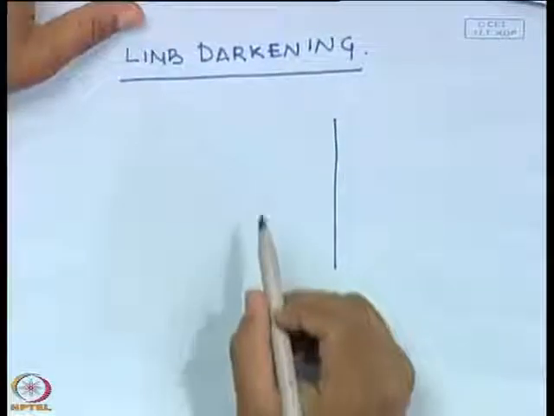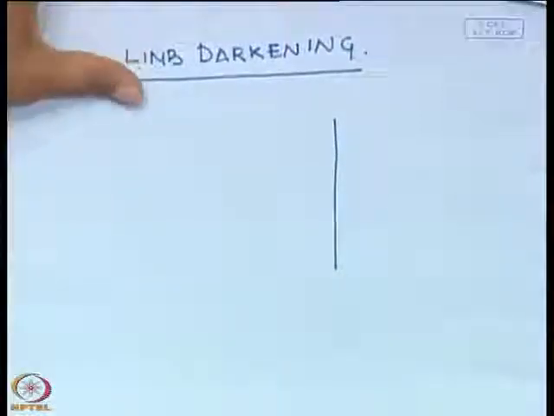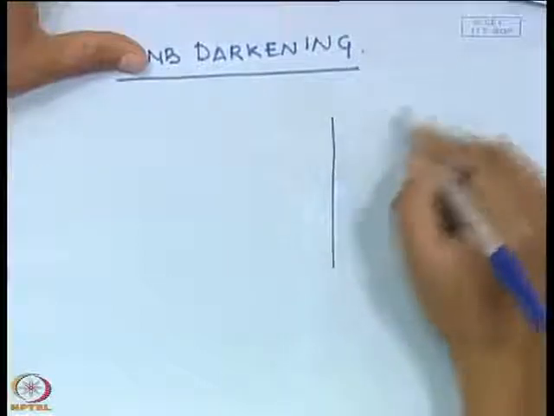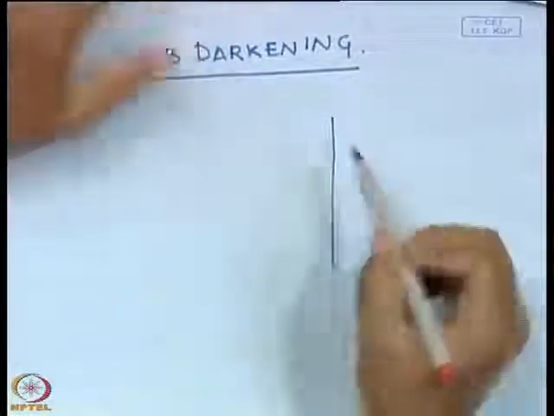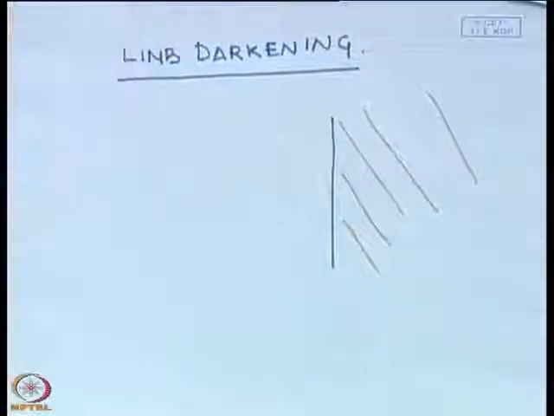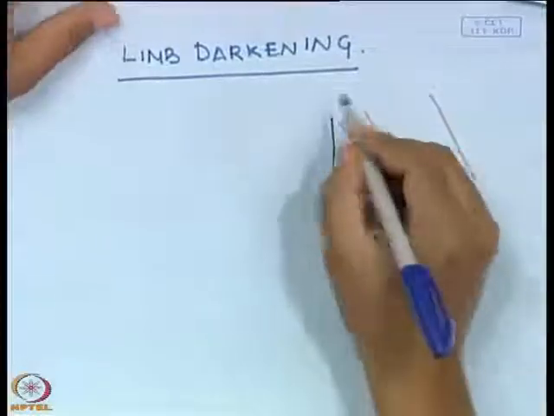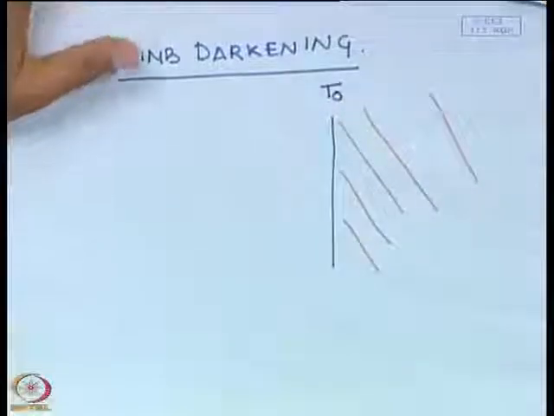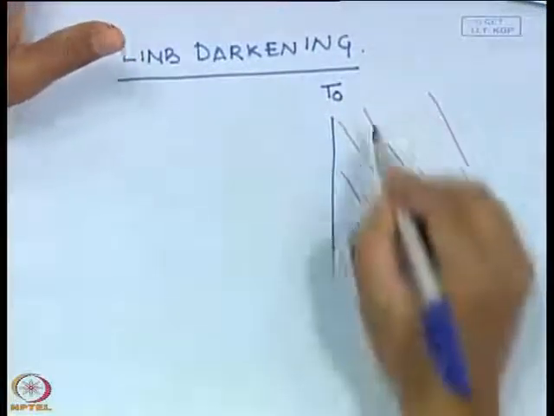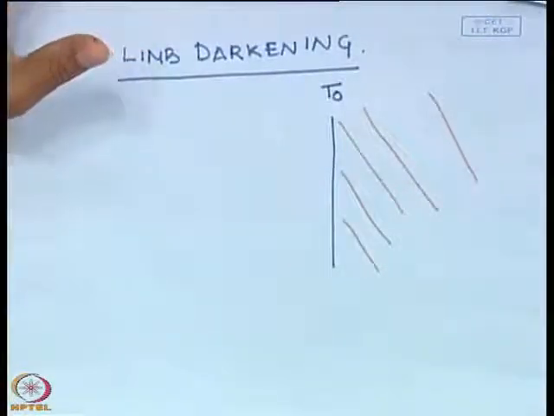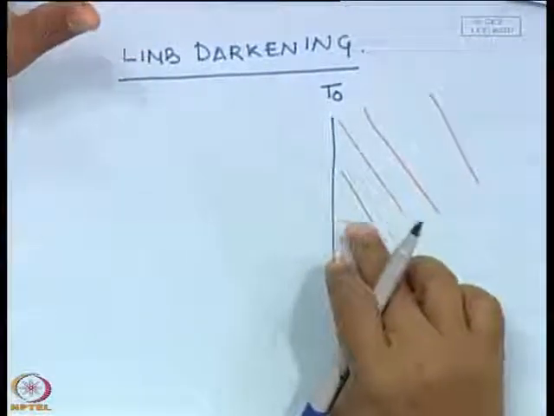So we shall assume it to be plane, and on the right hand side we have the sun, the material of the sun, and we shall assume that the temperature at the surface is T naught, and the temperature increases as we go inside, it increases with distance inside the sun.